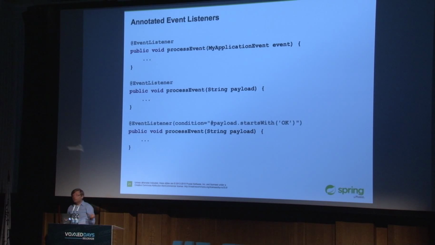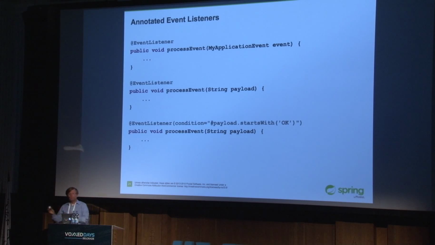You can even do this to listeners now, to event listeners, as of Spring Framework 4.2. If you're processing a lot of Spring application events in your architecture, why not use @EventListener? It allows you to turn a method into an event listener callback. Every time such an event is going to be published in your application context, this method is going to be invoked.